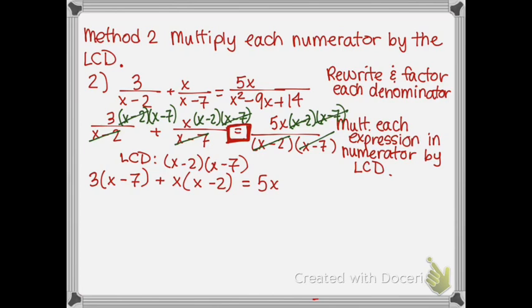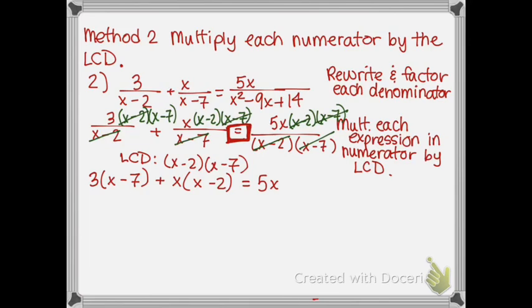Last week's homework, they were just expressions. There was no equation. We didn't have a left and a right-hand side of the equation to work with. So we had to multiply the numerator and denominator. But now since we have an equal sign, we're multiplying each term by the lowest common denominator, but only in the numerator. Okay. So let's go ahead and keep going.